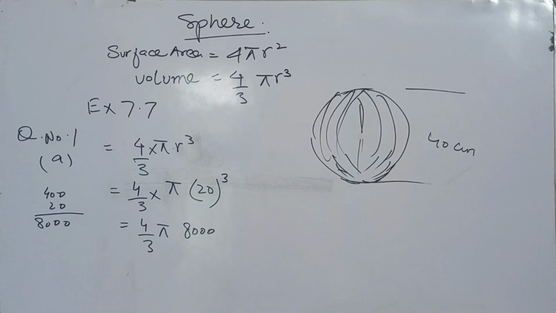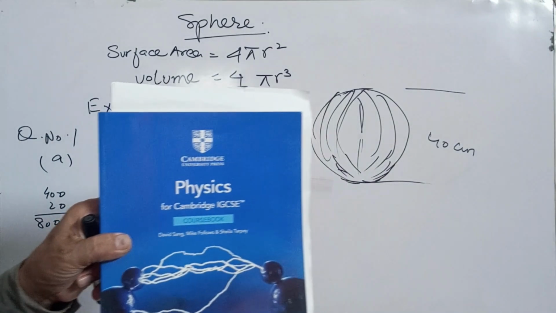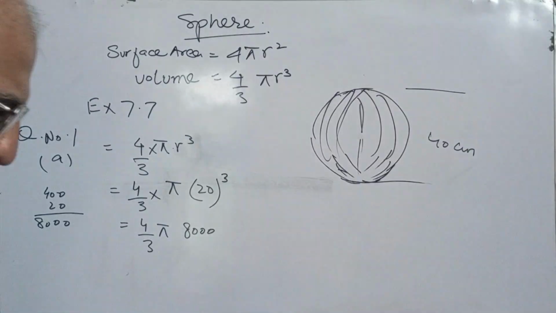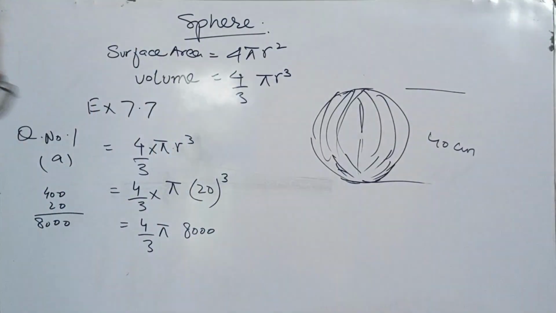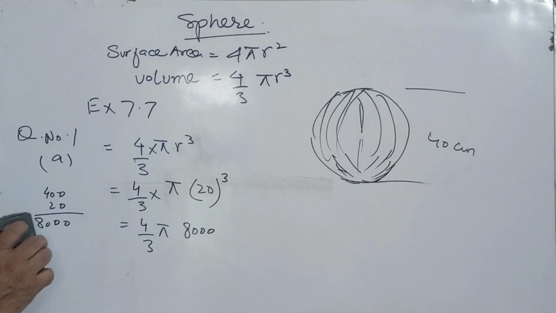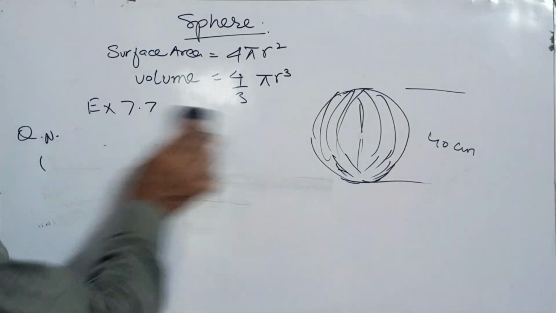I have also been teaching physics for a few months, teaching this book, but I left it because people were not showing interest. So this is a question of physics, and I am going to solve it.